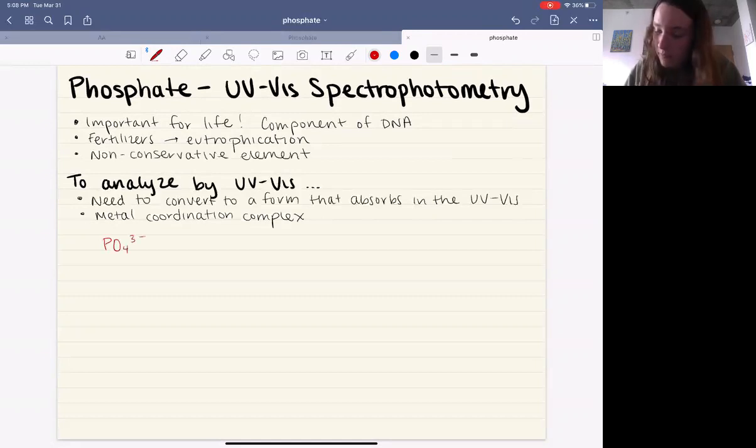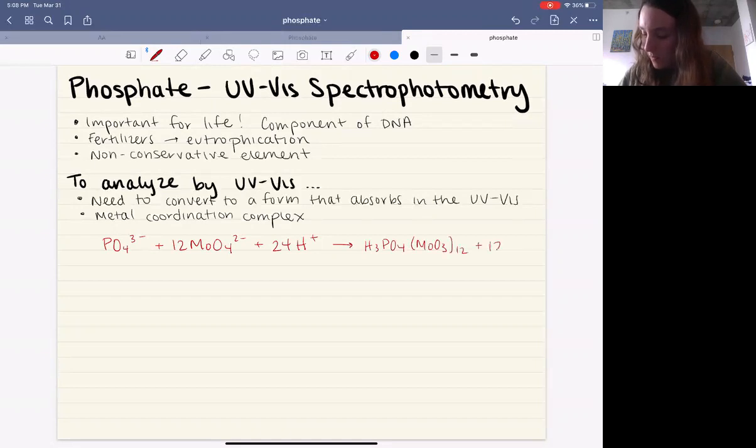Taking our phosphate, and in acidic solution we'll react it with this molybdenum. Okay, and that reacts to form this product, which then we reduce further to form our coordination complex.